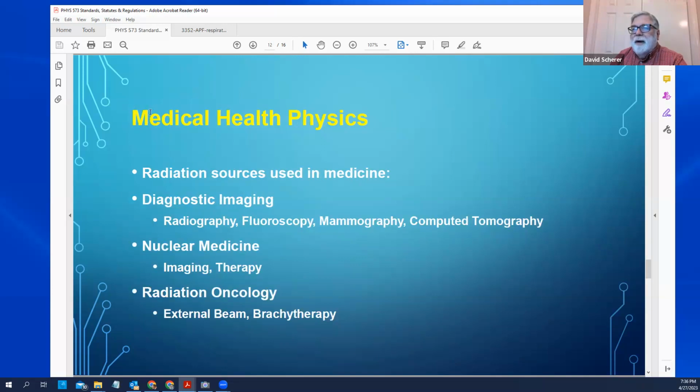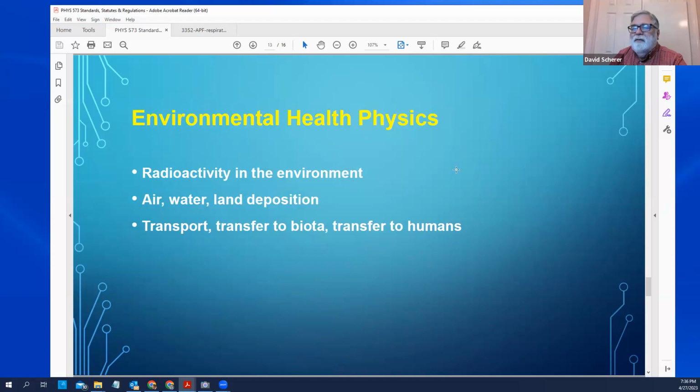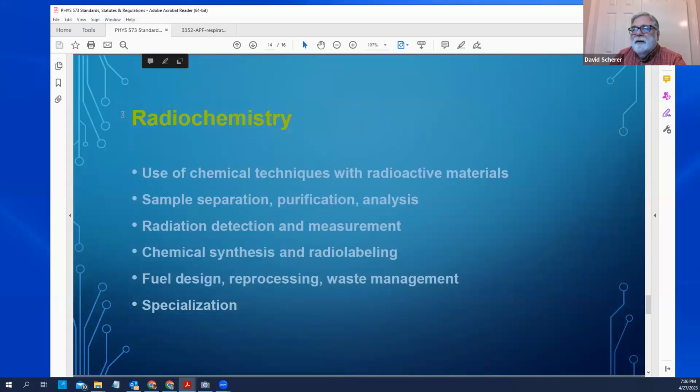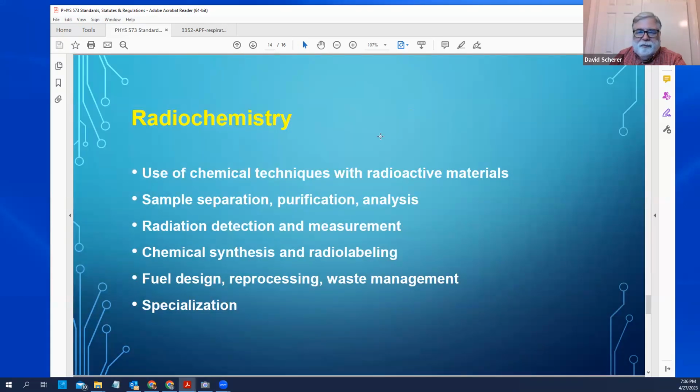We have a class in medical health physics that talks about all these things that I just mentioned very briefly in much more depth. We have a class in environmental health physics that talks about the transport models that we've been talking about. We also have a specialization in our program, a group of classes dedicated to radiochemistry. Radiochemistry is the use of chemical techniques with radioactive materials. It can include sample preparation or purification of materials, and analysis of samples.